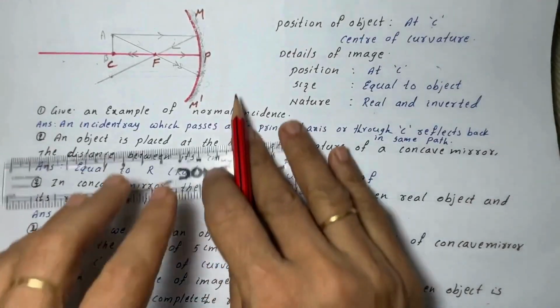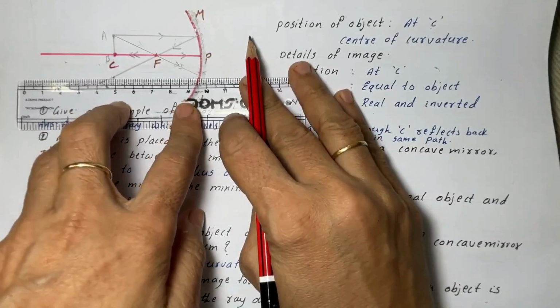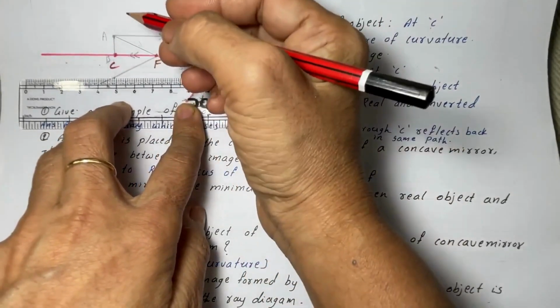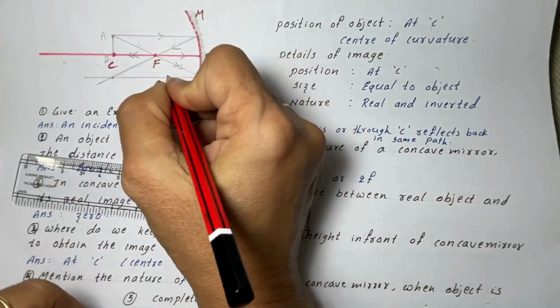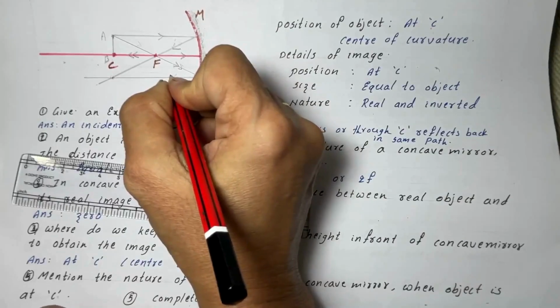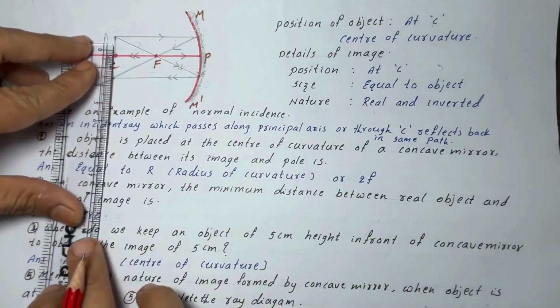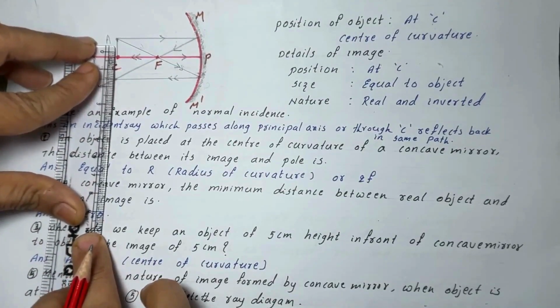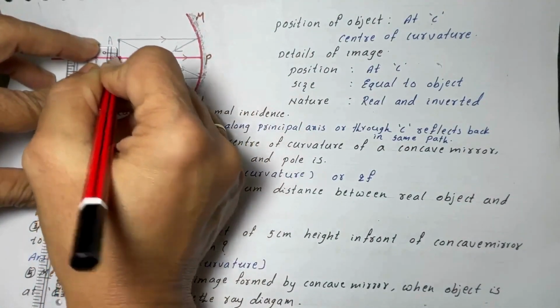The ray which comes from the focus, after reflection, passes parallel to the principal axis. This is the direction of the reflected ray. And now where these reflected rays meet, at that point we obtain one image.